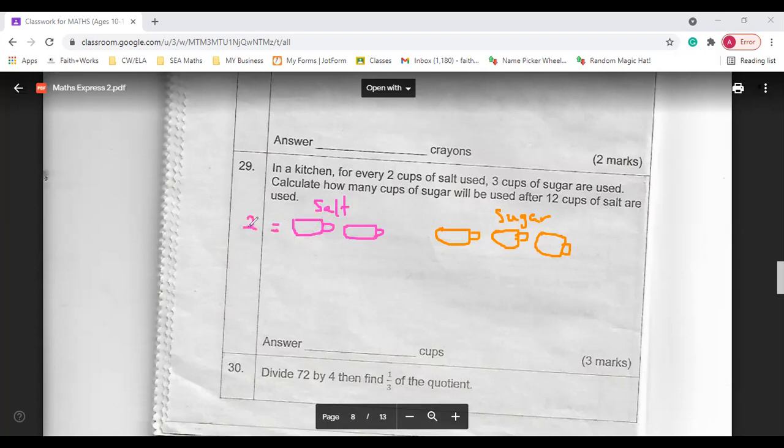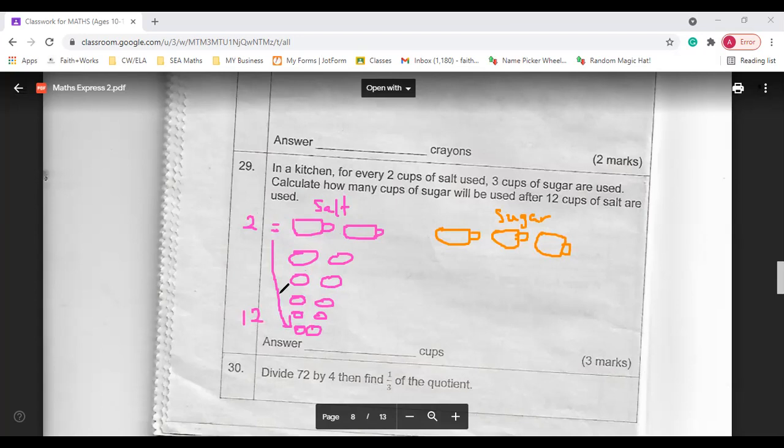Now to go from 2 to 12 cups, that's how many pairs of 2? This is 12 cups here.